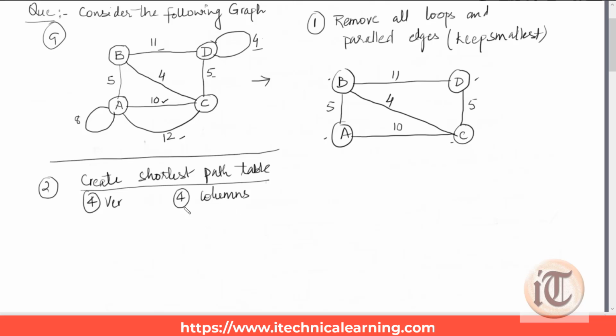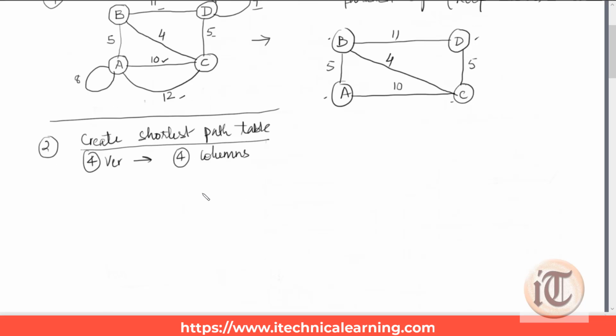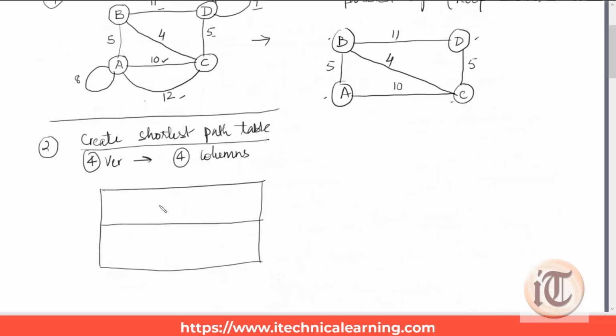So the table columns depend on the vertices. So this will be our table, and it will have 4 entries in the form of columns. So we'll have A, B, C and D denoting the vertices.